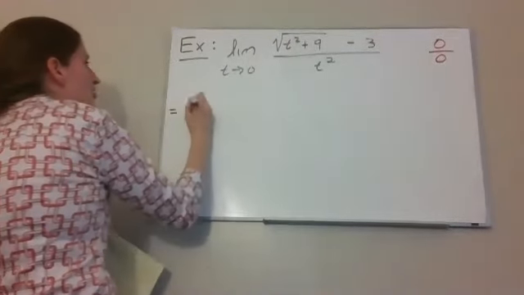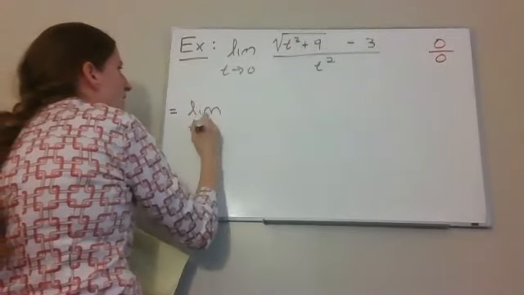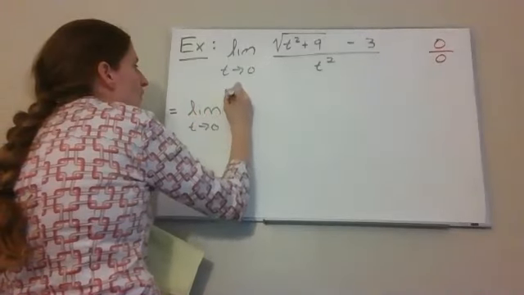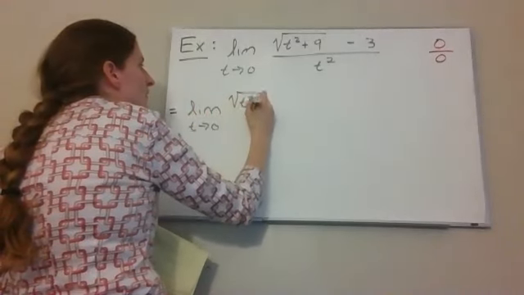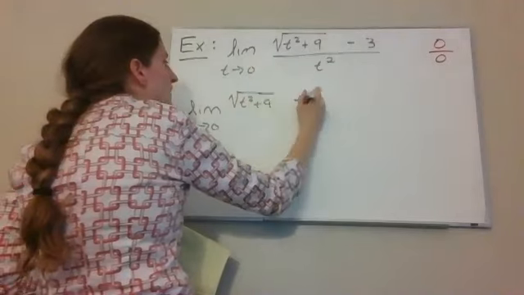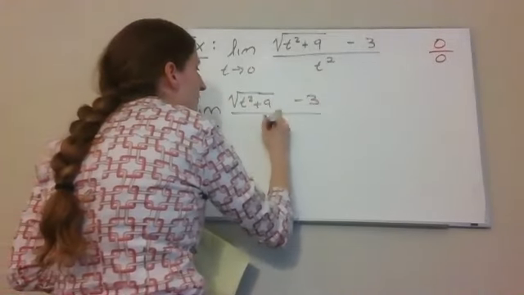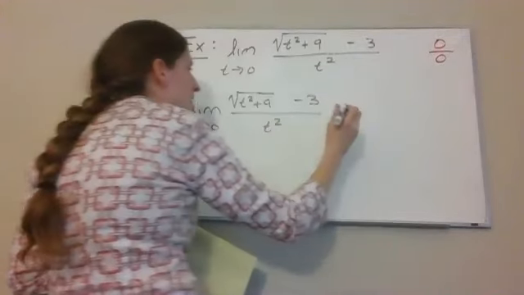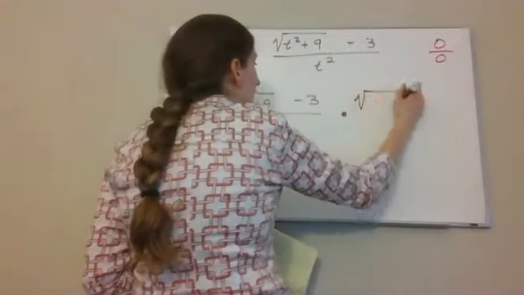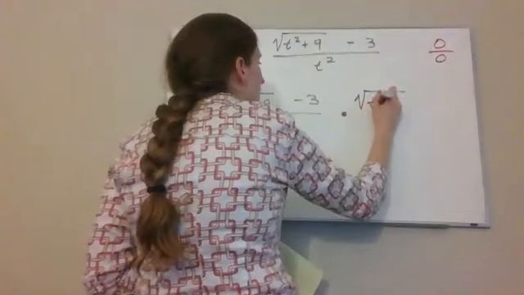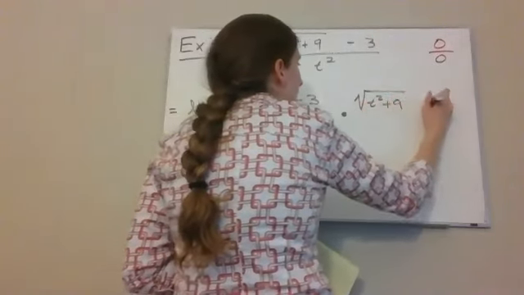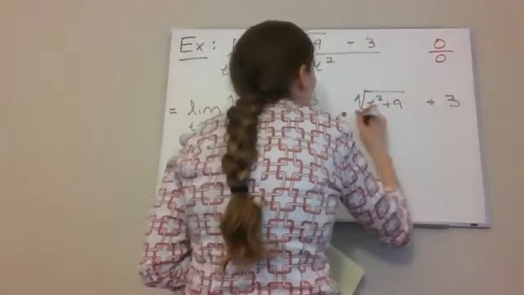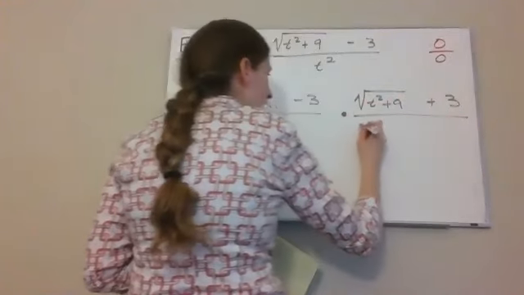Multiply by the conjugate of the numerator on both the top and the bottom of this problem. So the conjugate, if you remember from pre-calc, is the exact same thing that we have, except you change the sign in the middle.